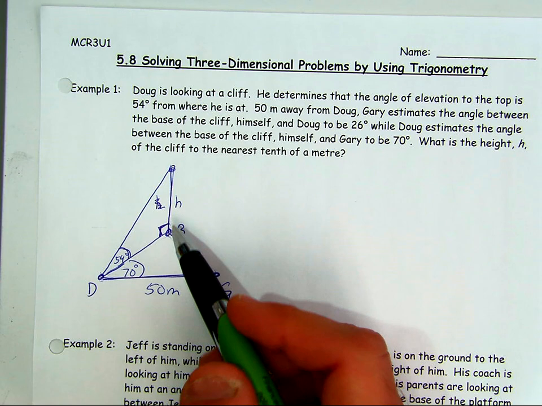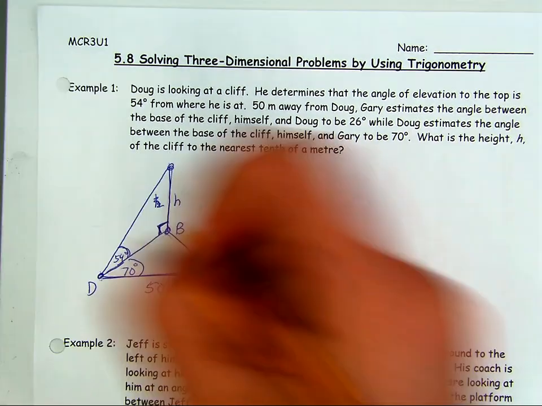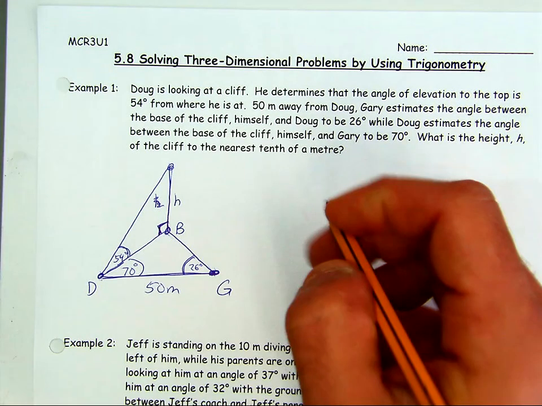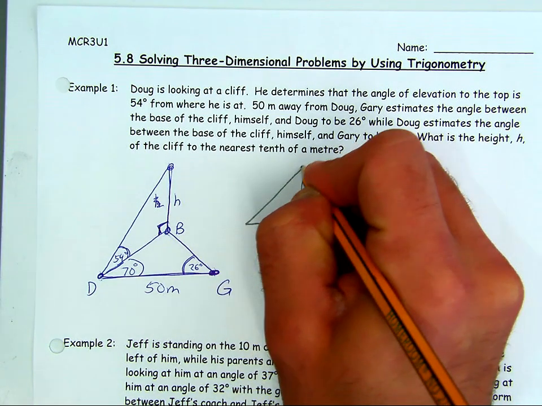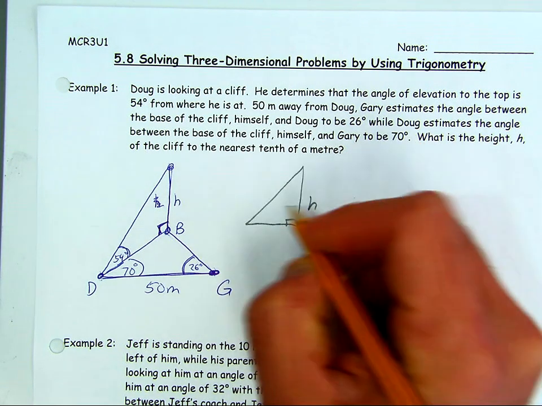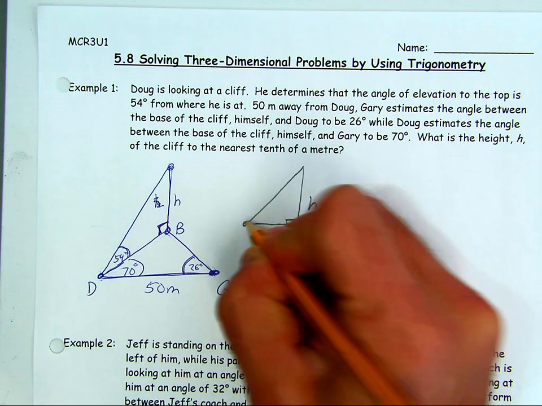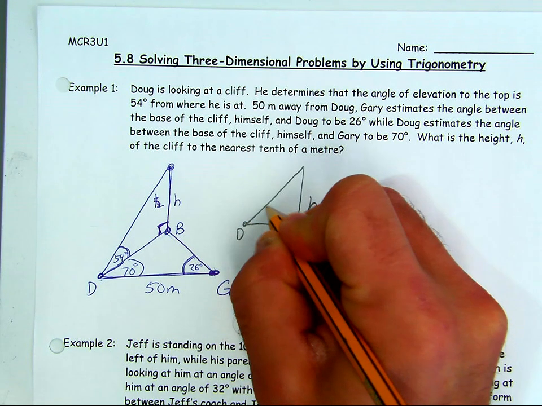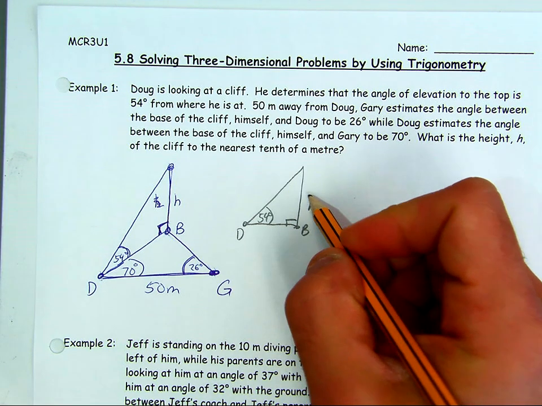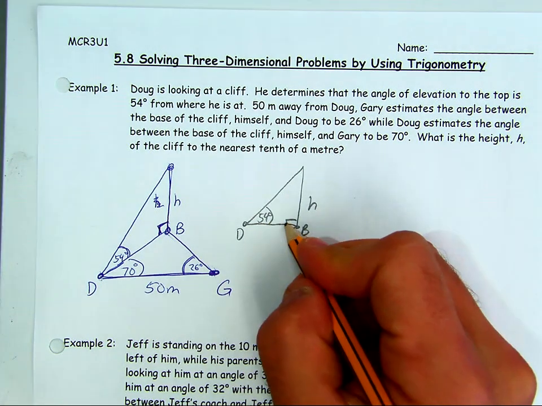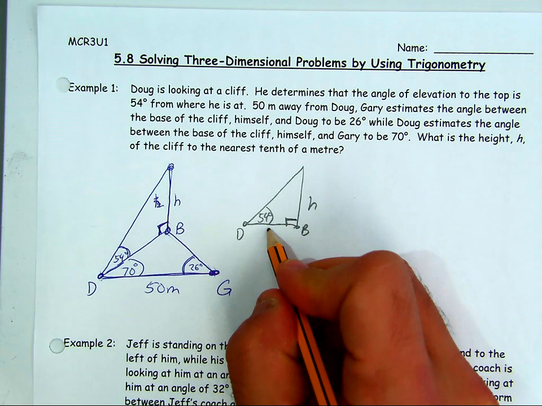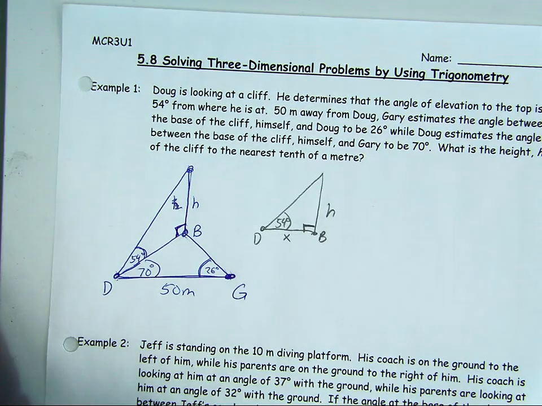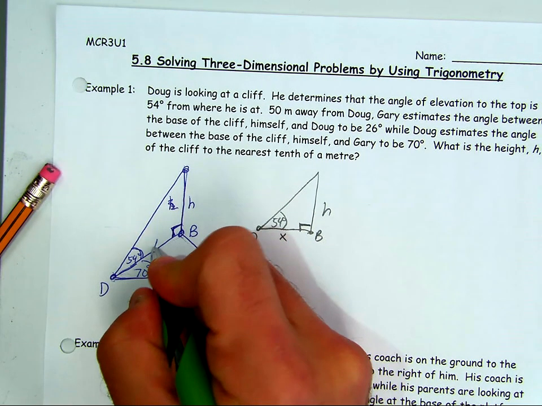Now, if I break up that triangle that's in mid-air, it looks like this, where this is height, this is the base, and this is Doug. This is 54 degrees. We have to find height, but we don't have any measurement. It would be very easy if we had this measurement here, let's call it x, which is the same as this measurement here, x.